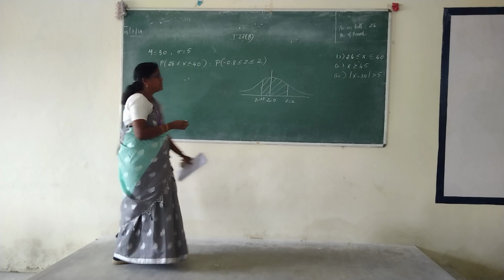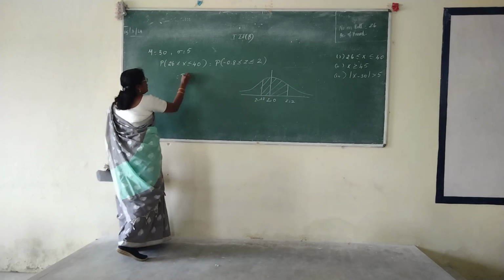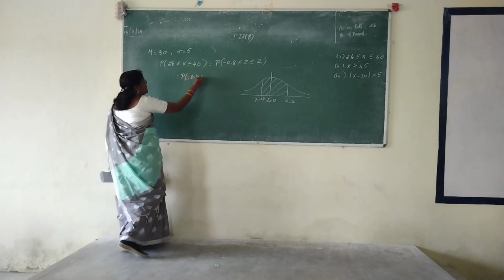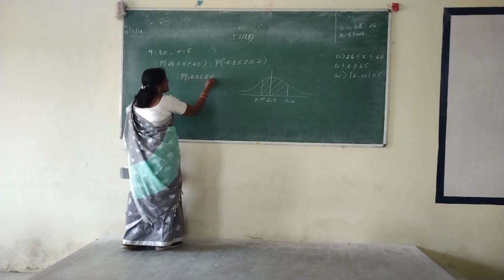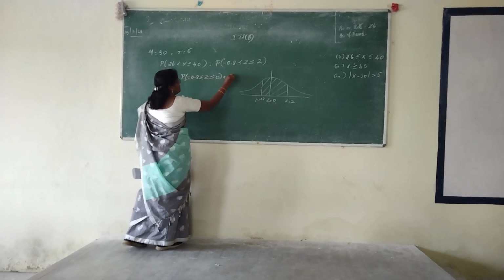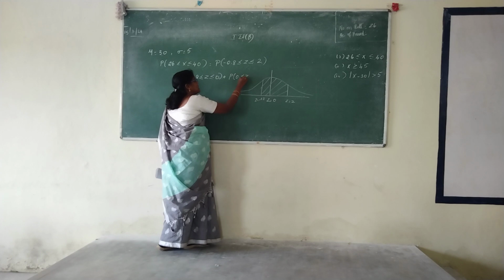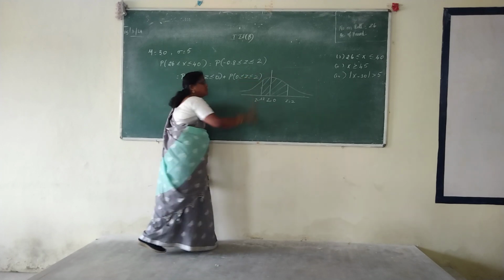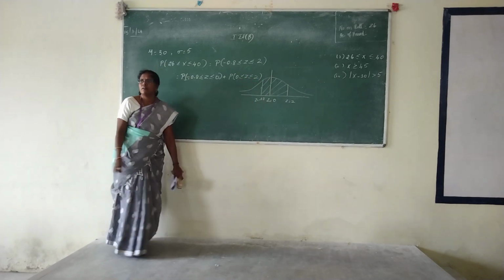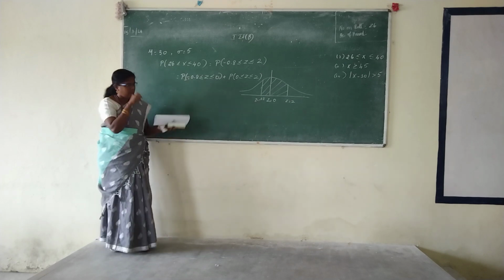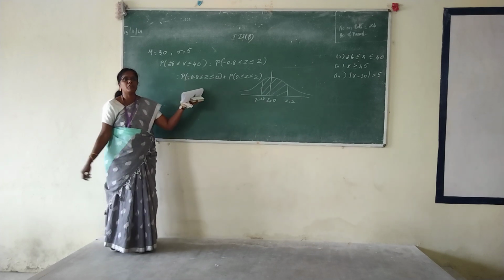Okay, so right. This is equal to probability of minus 0.8 less than or equal to z less than or equal to 0, plus probability of 0 less than or equal to z less than or equal to 2. Is z defined for negative values?